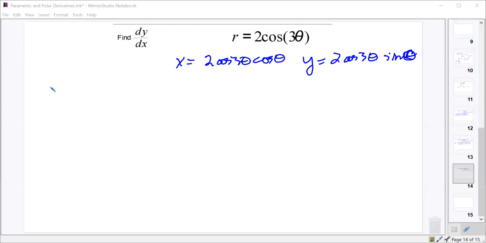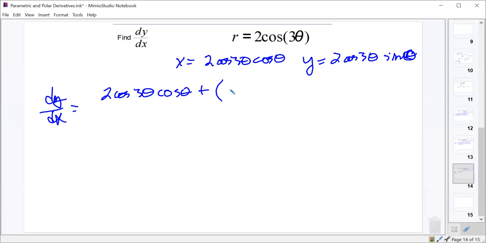And our dy dx should then be what? Dy d theta should be 2 cosine 3 theta times the derivative of sine, which is cosine, plus the derivative of 2 cosine 3 theta, which is, try to do it right this time, negative 6 sine 3 theta, times the sine theta.